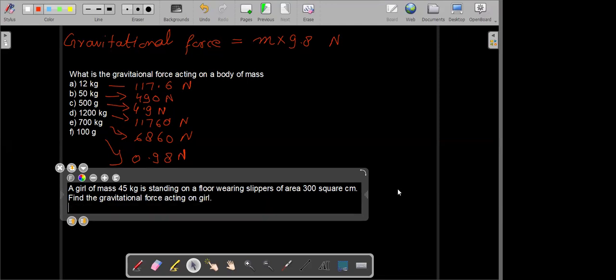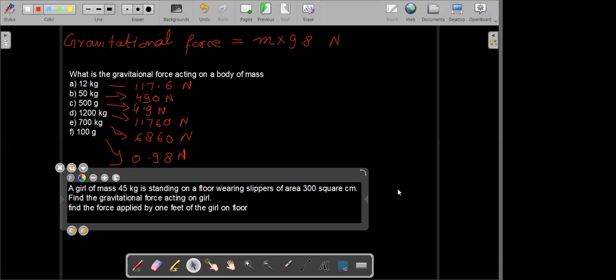Then the second, you need to find the force applied by one foot of the girl on the floor.